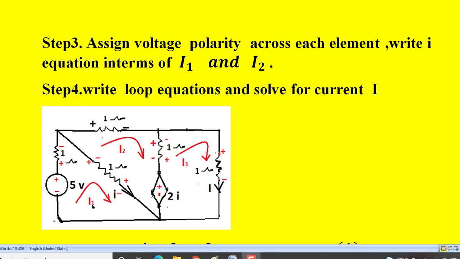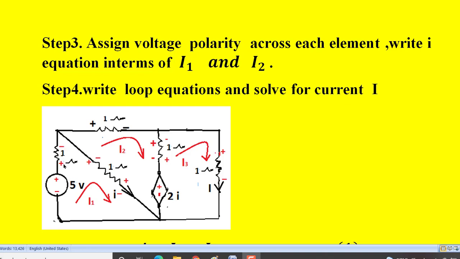The current flowing is I1, and this I1 first enters, let us say starting here, at the voltage source, then leaves here, but the voltage polarity of the voltage source does not change, so the polarity remains as it is. Whereas I1 is entering the 1 ohm resistor here, and 1 ohm is a passive element, so the terminal the current enters we treat as positive, and the terminal it leaves we treat as negative.